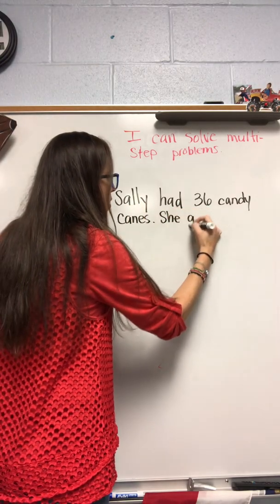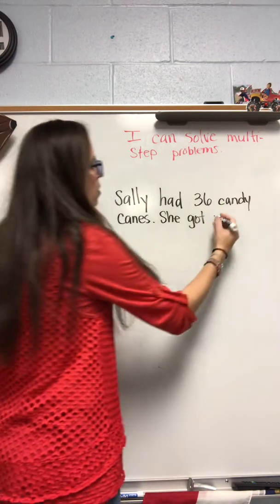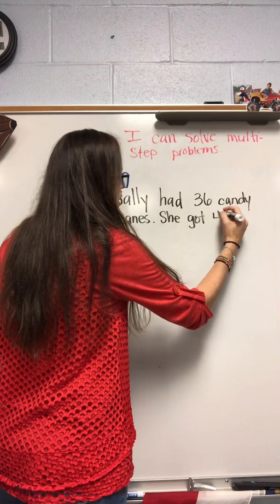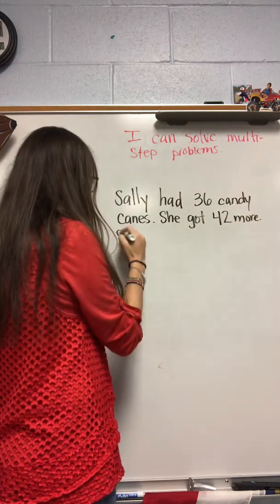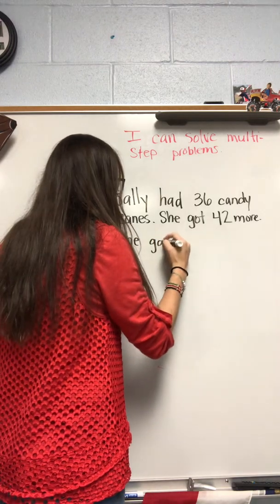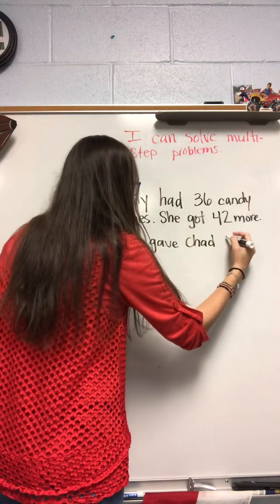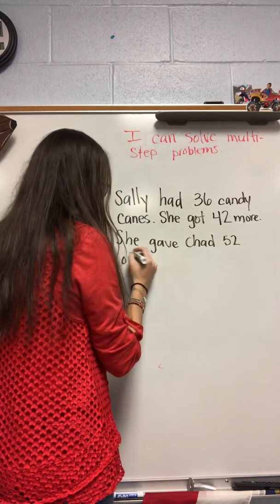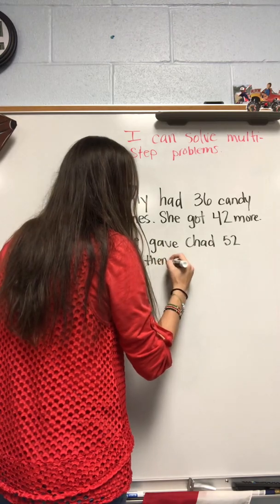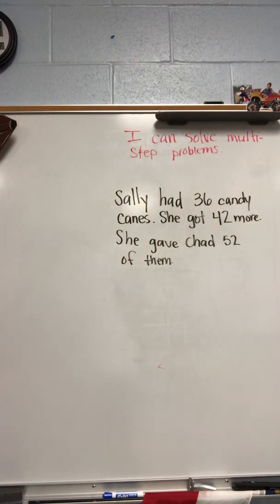She got 42 more. She gave Chad 52 of them. So the question is, how many candy canes does Sally have now?